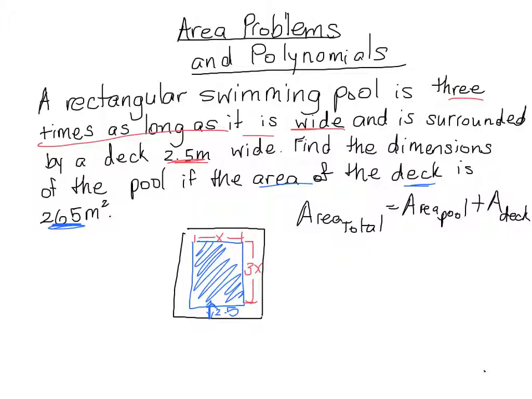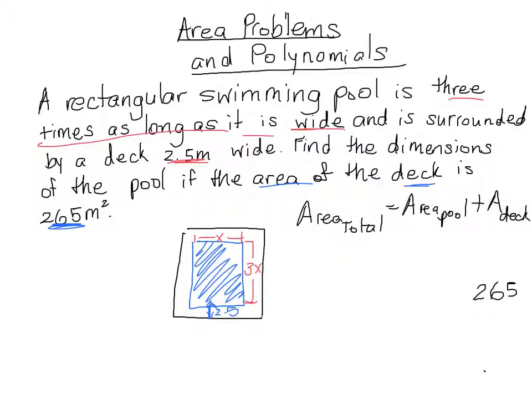So now we can go ahead and fill out some of the information that we have. We know the area of the deck, right? What's the area of the deck? Well, according to this, it is 265 meters squared. I'm just going to put it here for now and see where it leads us.